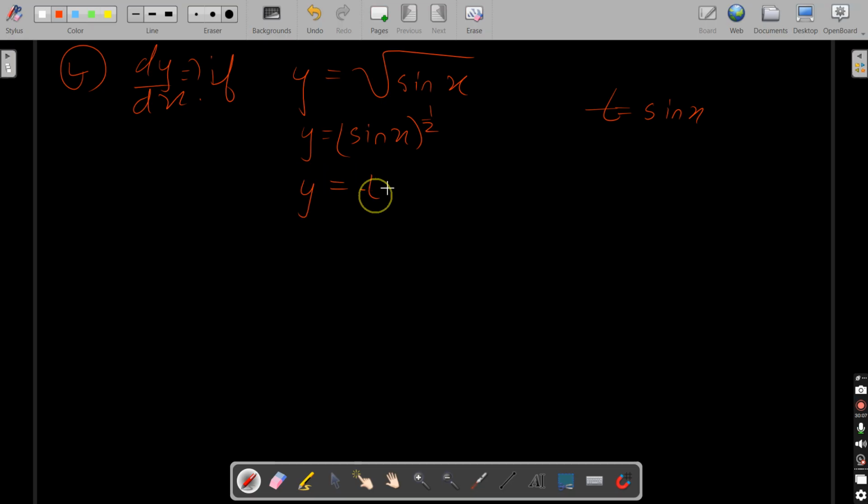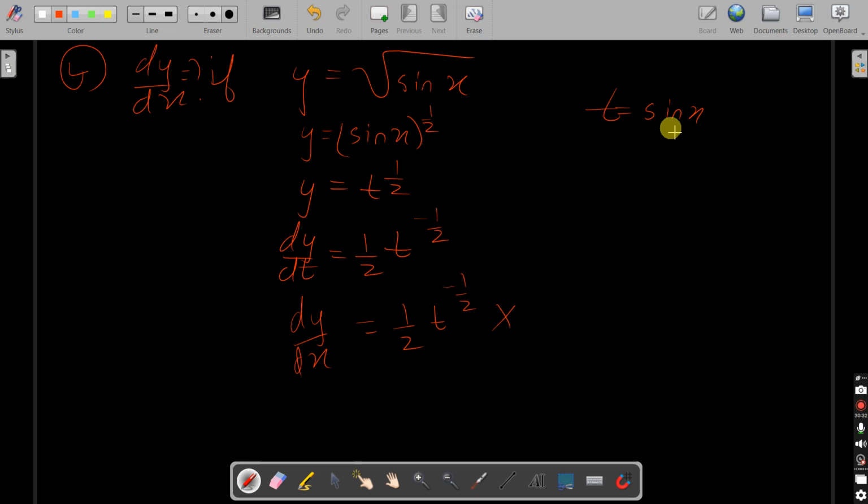Therefore, y becomes t raised to power half. So dy by dt becomes half t to the power 1 by 2 minus 1, which is minus 1 by 2. So we have to find dy by dx, not dy by dt. So this becomes half t to the power minus half multiplied by the differentiation of t, dt by dx, which is cos x.